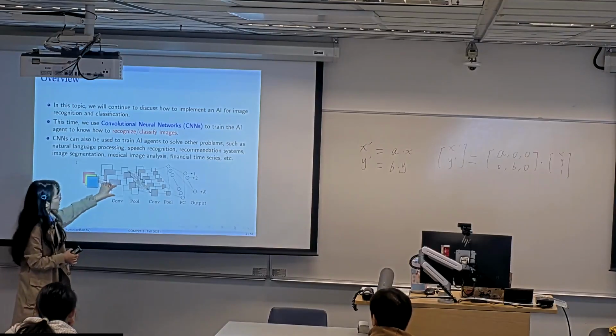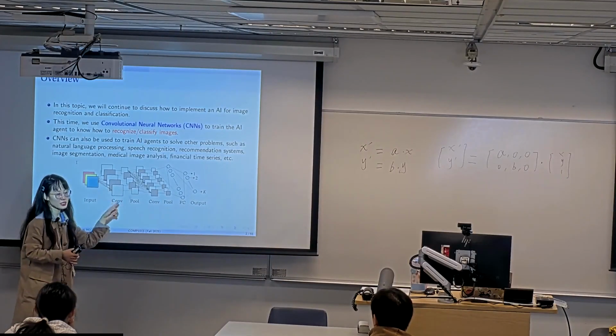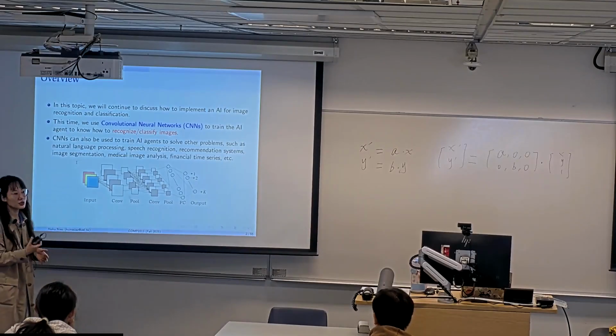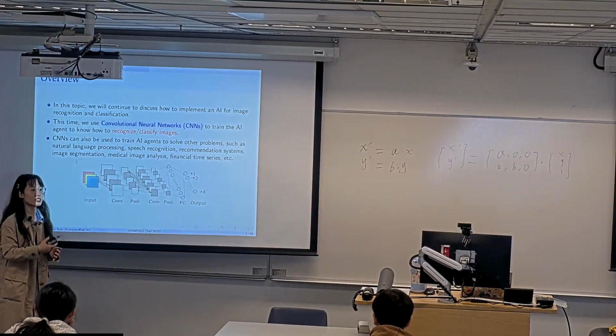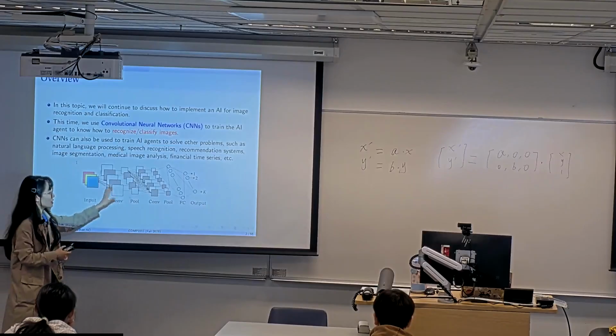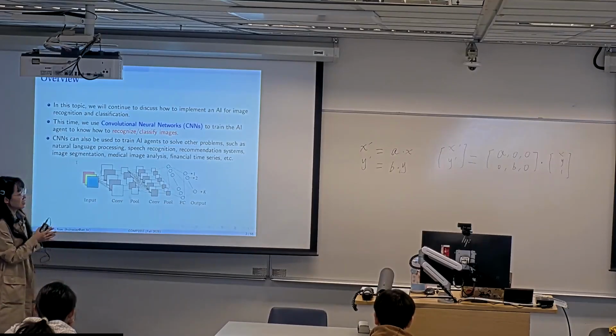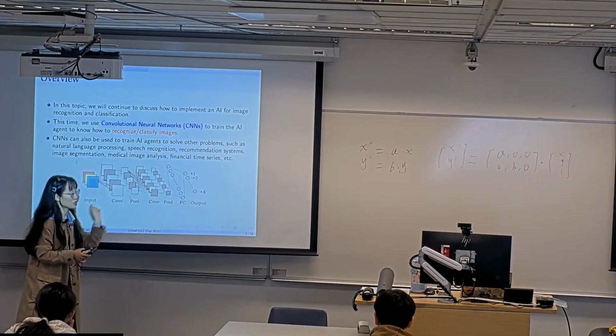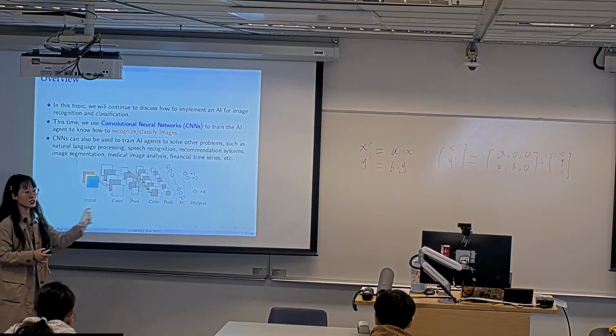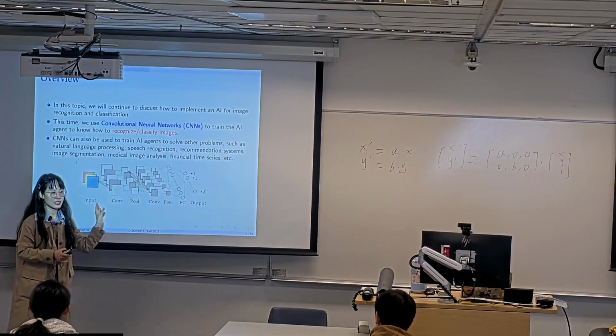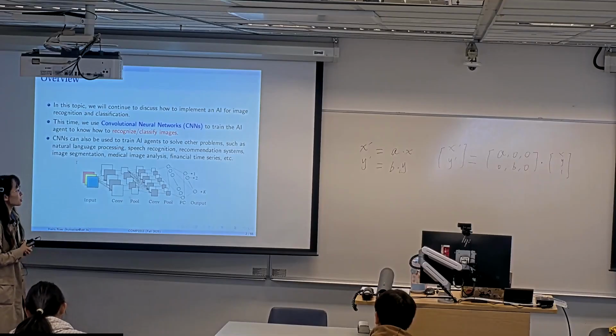So again, you can treat it as one node, but this node is somehow not a neuron. A neuron is just 1D, but here it's 2D. And guess what each node is here? Each node is just a kernel, exactly the kernel we have learned in image convolution.